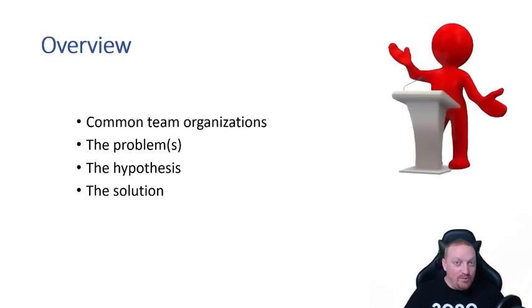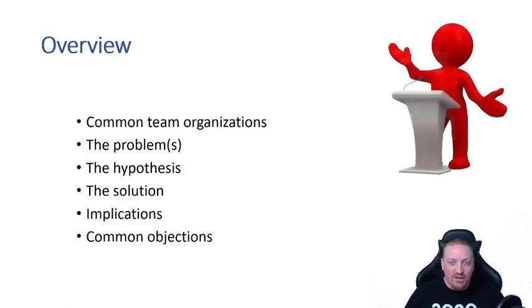And then I'm going to propose a solution that's somewhat controversial. Some of you who've watched this channel may know what that solution is. Those of you who have worked with me might even know what this solution is because I've probably talked to you about it a little bit. But then I also want to talk about the implications of implementing that solution. And then finally, we'll cover some of the more common objections that I definitely hear in regards to doing that particular solution.